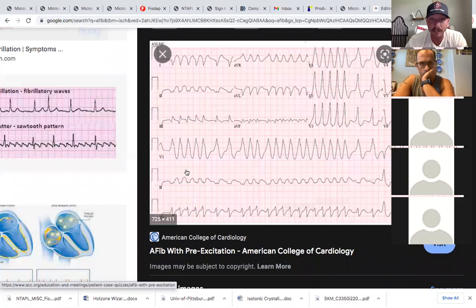All right. And just to kind of get an idea here, we got 1, 2, 3, 4, 5, 6, 7, 8, 9, 10, 11, 12, 13, 14, 15, 16, 17, 18, 19. Your cardiac monitor is going to pop up with this wide QRS, and at your rate, it's going to be somewhere around 180 to 200 beats per minute, which is definitely fast enough to be considered VTAC, right?